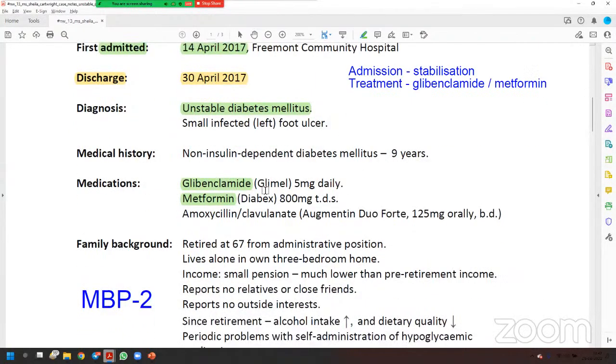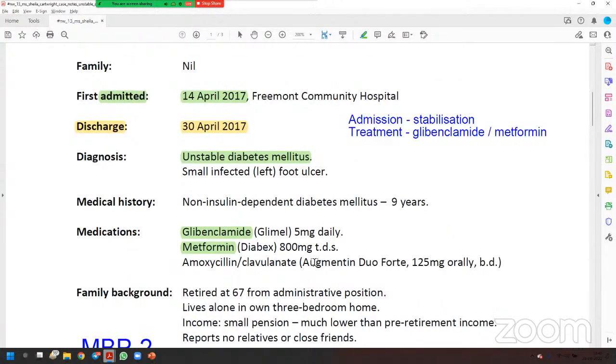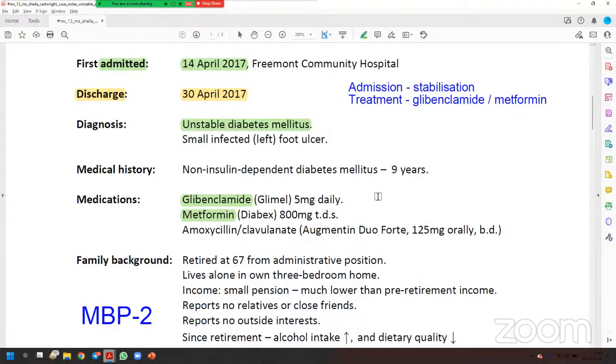You have to see how many years. Here it is 9 years, non-insulin dependent. So this is for 9 years.